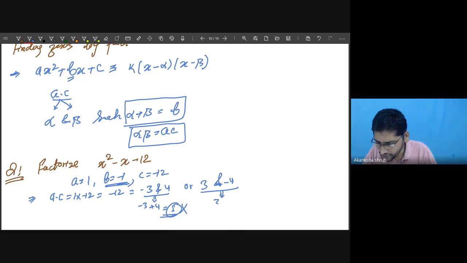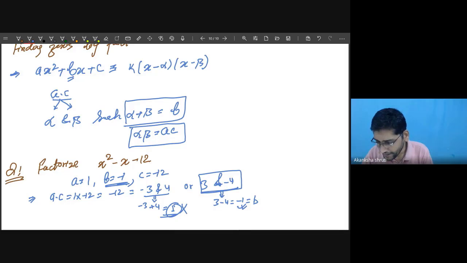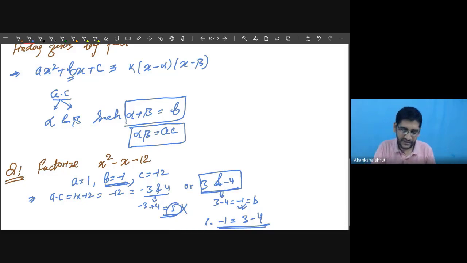Here 4 minus 3 is minus 1. Yes, this is equal to B. So what shall we take? We shall take 3 and minus 4 in place of minus 1. In place of B, I can do this replacement.